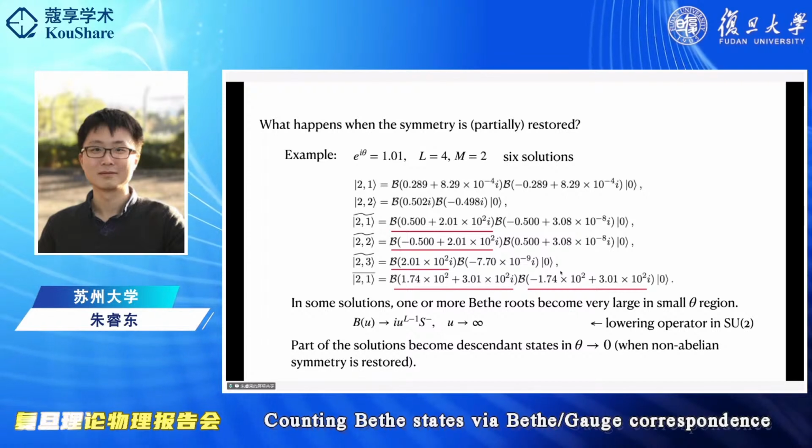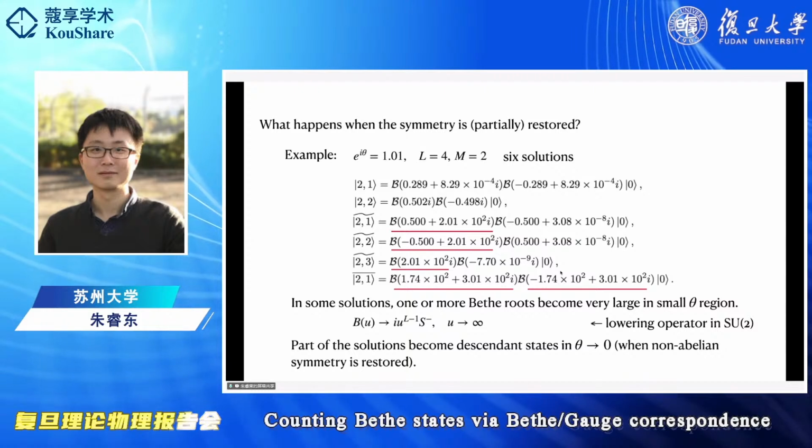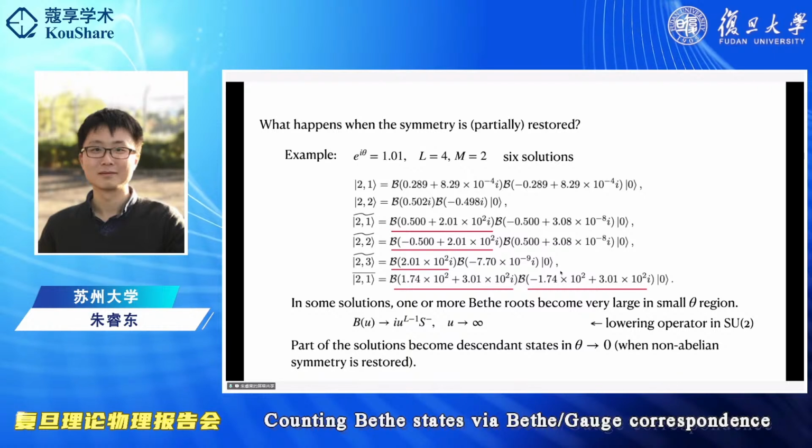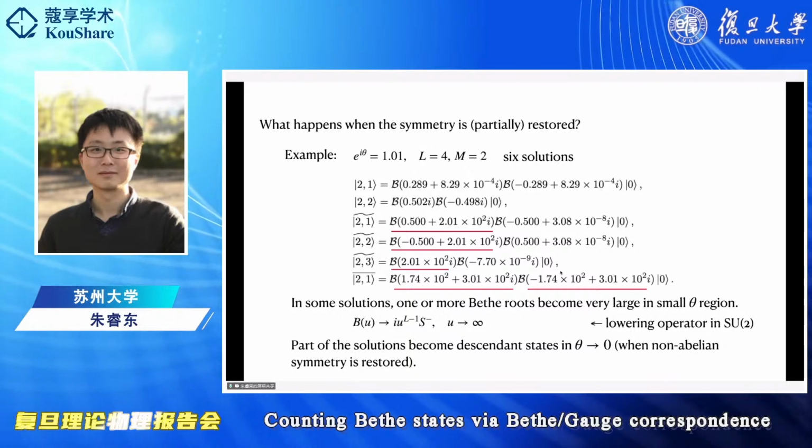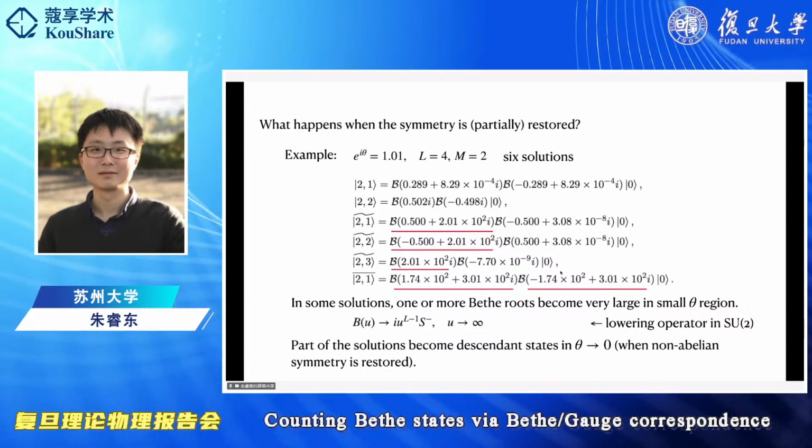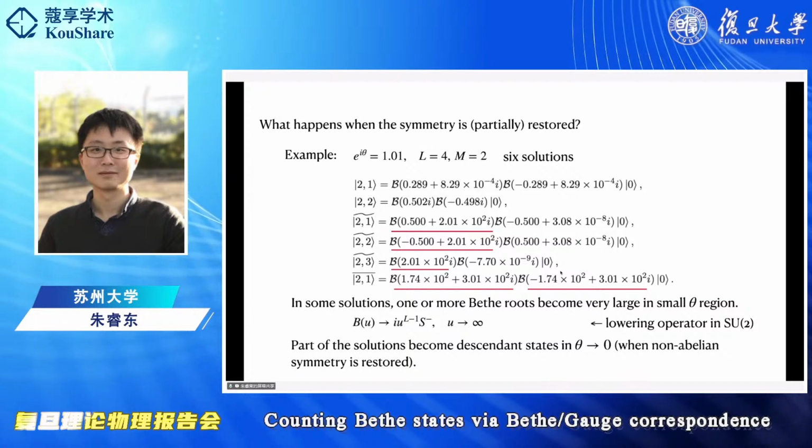So there are 6 solutions in this L equals 4, M equals 2 chain. And I've written down all the solutions. But one thing to notice is that some Bethe roots are really big, around 100, although I'm taking it to be 1.01.